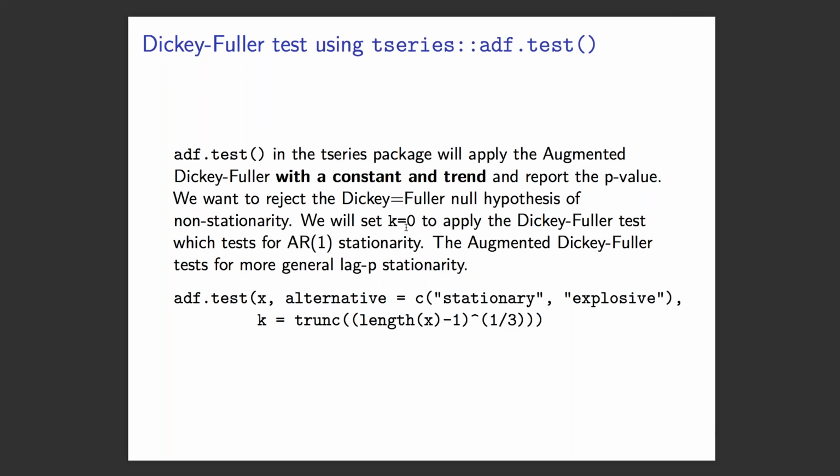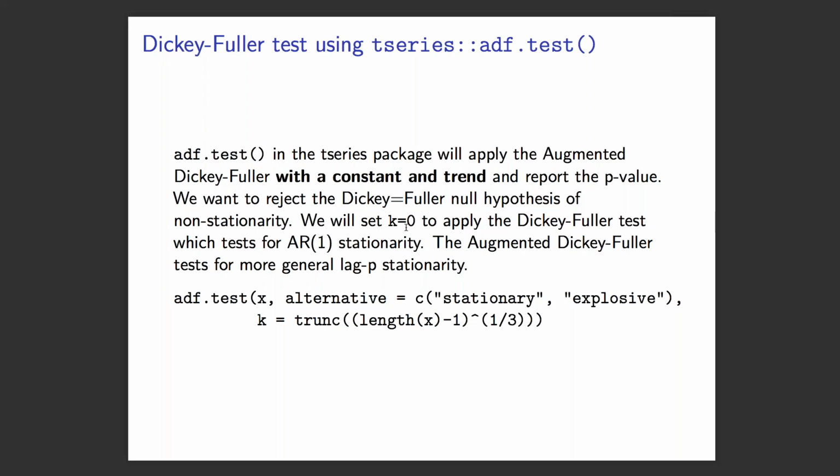In R, the tseries package will apply this test, and the function is called adf.test, and it's really easy to apply. You can just do adf.test and then your data. These are the other things that it takes, and you can more or less ignore them.